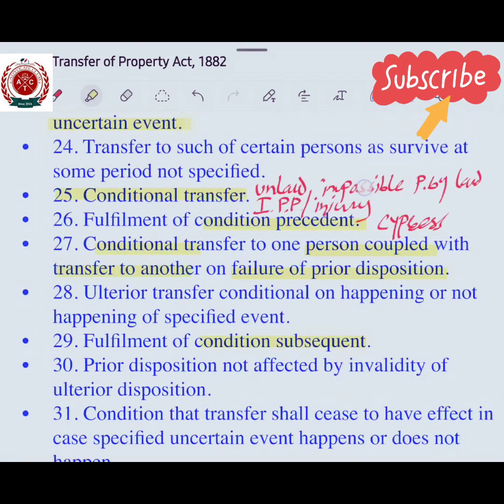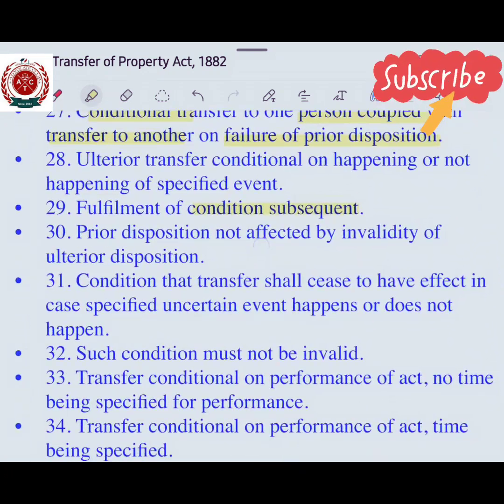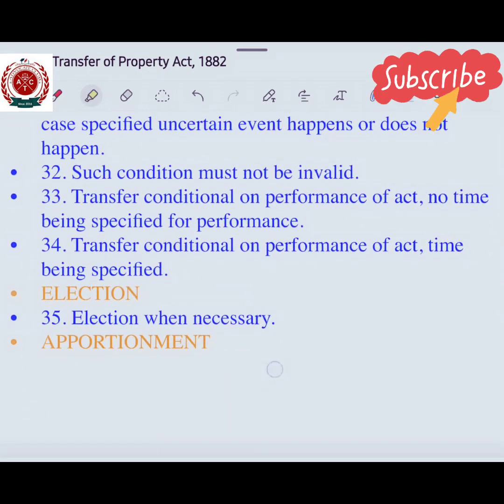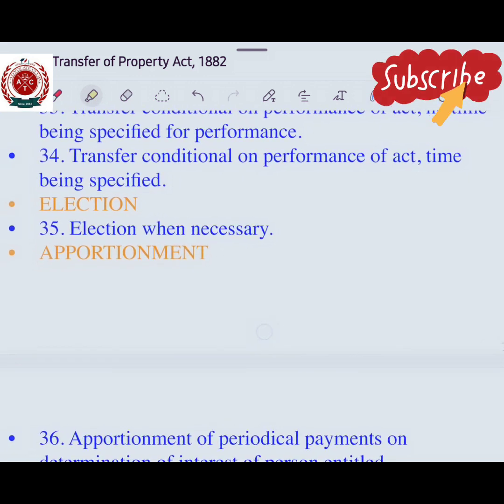Thereafter we have concluded these sections 25 to 30. Onwards we can jump to section 35. It deals with election when necessary. And what is the doctrine of election? It is based on equity, and deals with movable and immovable property both. The doctrine of election concerns property not his own, transferred by the same transaction from one person to another living person, by express or implied means.